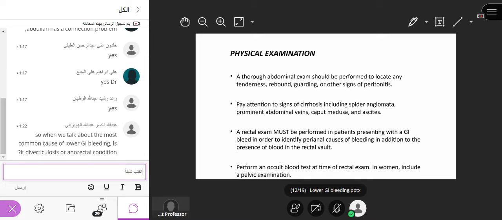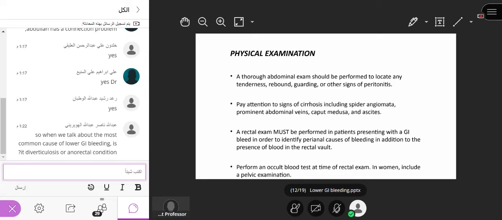You will then think that the hematemesis is because of esophageal varices. A rectal exam must be performed in patients presenting with GI bleed in order to identify perineal causes. Sometimes hemorrhoids may bleed too much, may even lead to shock, which is rare. You might think that something else is bleeding, and if you don't examine the rectum and perineal region, you may miss the diagnosis.